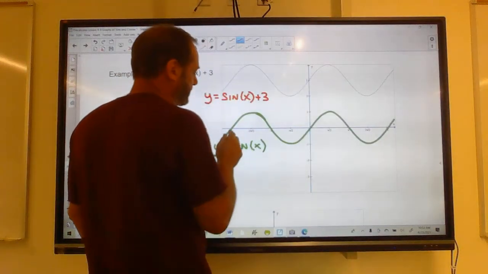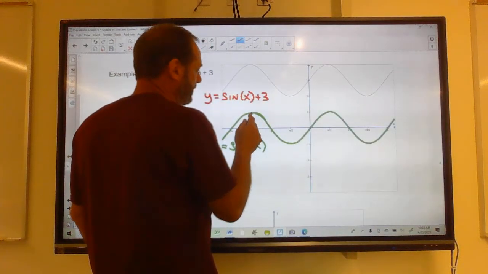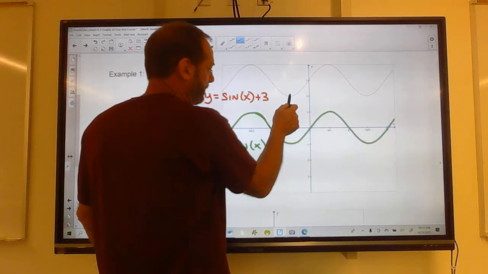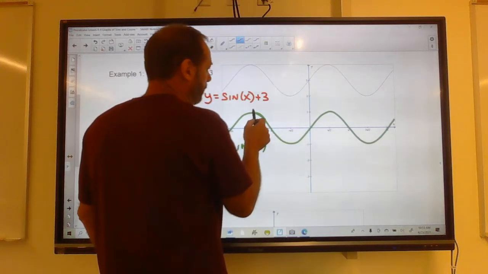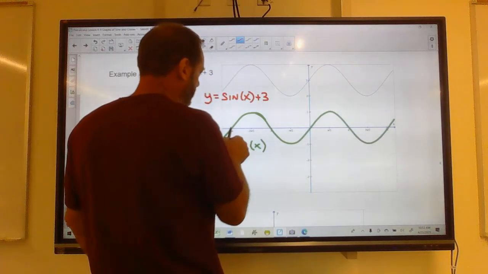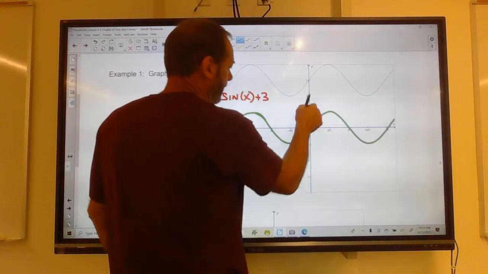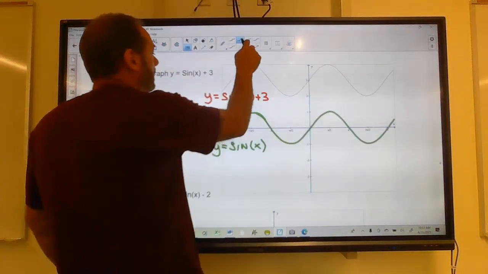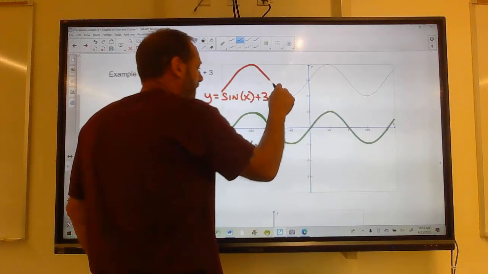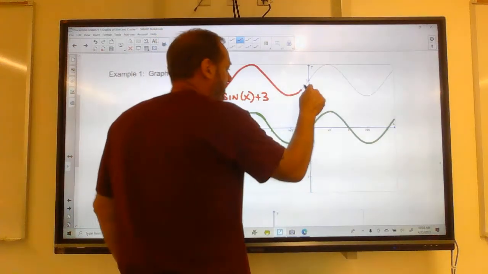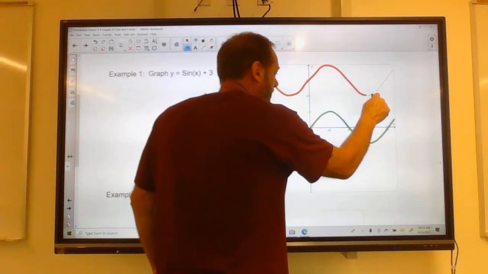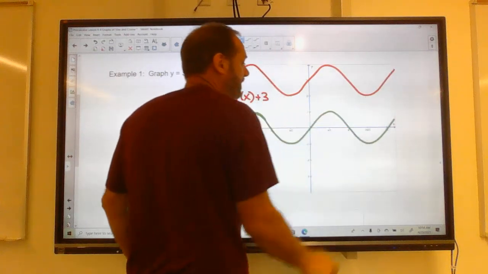So the key points would be the zeros, the maximums, and the minimums, right? So the minimum is -1, well, here the minimum is 2. The maximum was 1, so here it's 4. The zeros were at 0, obviously, and here they're 3. Okay? So it just took this function and moved it up 3. That was it. Done.